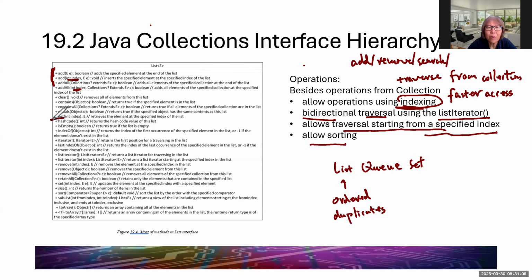And for access by index, you can specify the index and get the item, and indexOf also gives you where the object is. So these two are for traversing forward and traversing backward, this one is listIterator. Okay, that has remove operations, and it also gives you a set, to update the element at the specified index.